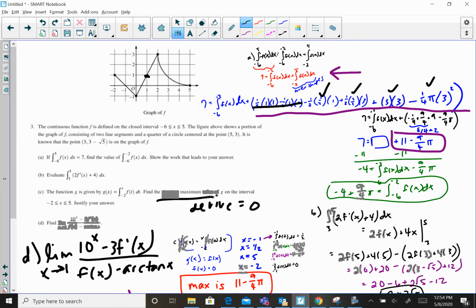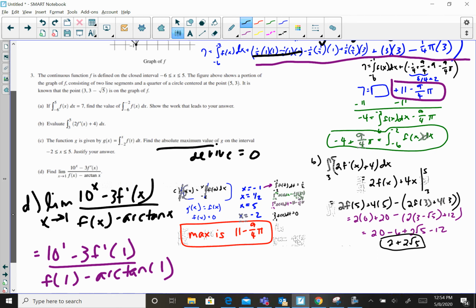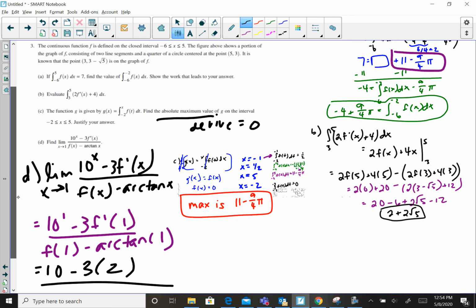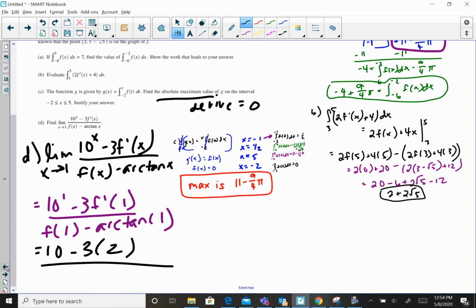My slope would be rise over run, so this is rise 2 over 1, a value of 2 over 1. F of 1, I can also read right from the graph, is 1, the actual coordinate. And then arctangent of 1 is saying when tangent equals 1, what is theta? That happens when your cosine and sine are the same, which is pi over 4.